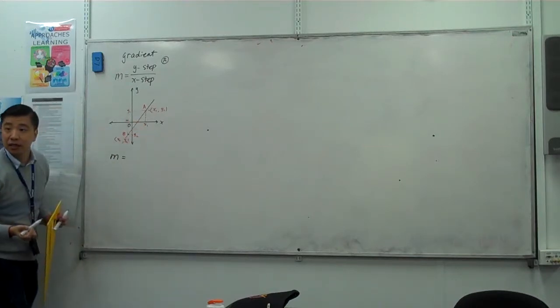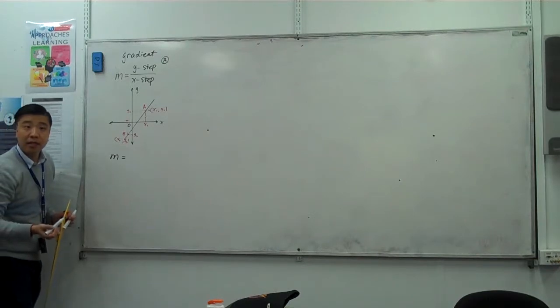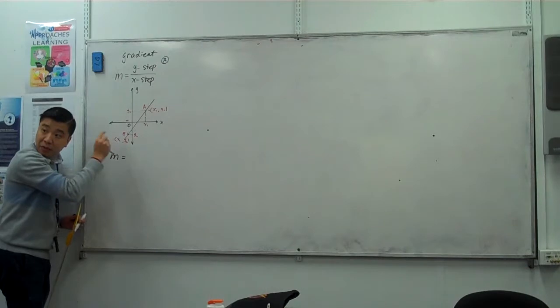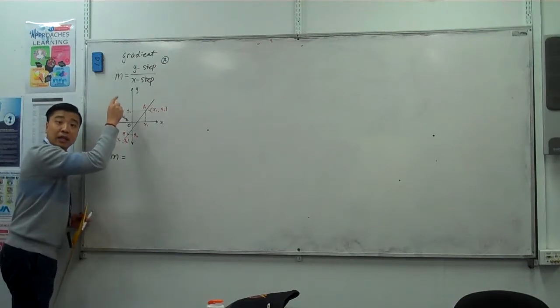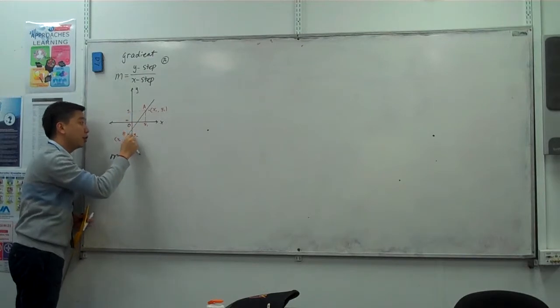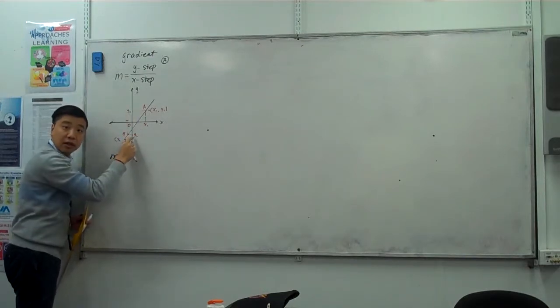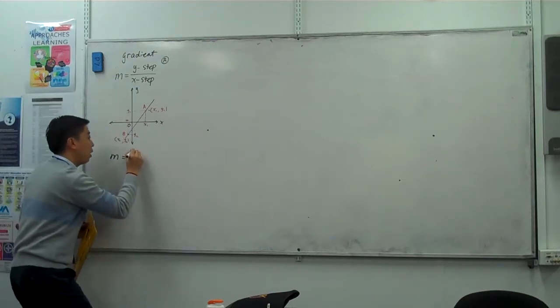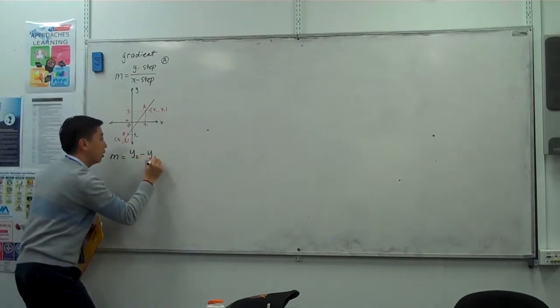What is the distance? Yesterday I said the distance equals the ending point take away starting point. So if I start from y1, go to y2, the distance is y2 take away y1. Good.